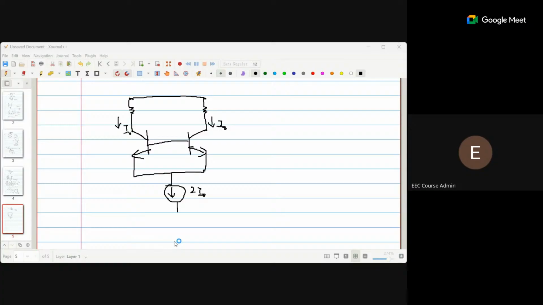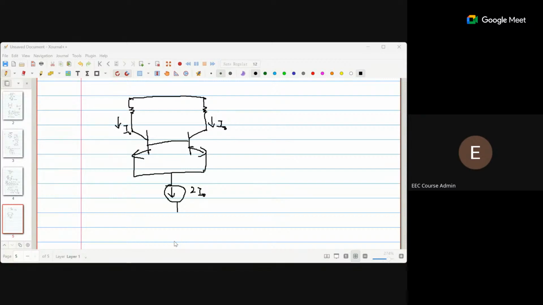How do you have this I naught flowing on either side? I know it comes from VCC, but no, I'm asking with respect to the two input signals V1 and V2.